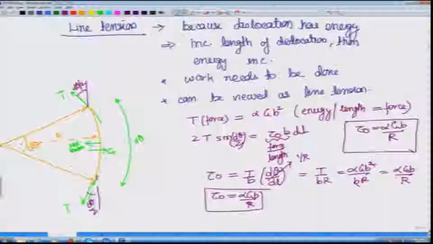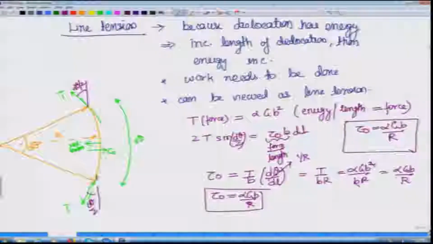What it is saying is that if you have a dislocation and you want to maintain a curvature with radius r, then you need to apply this shear stress tau naught.